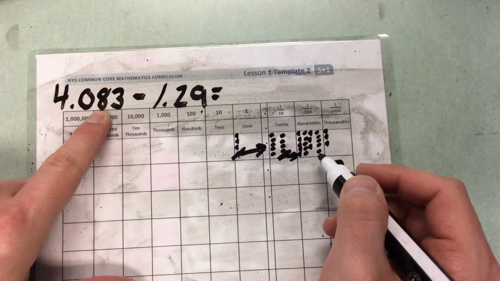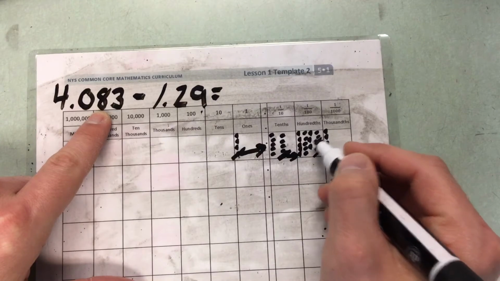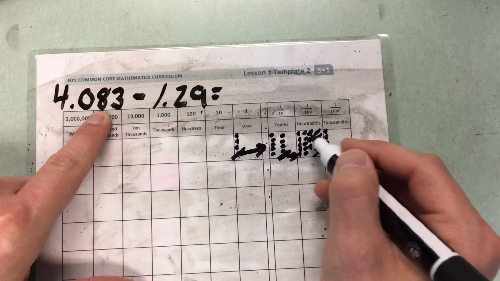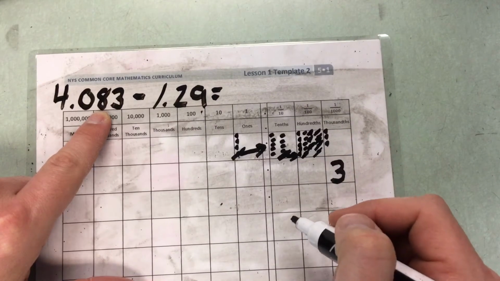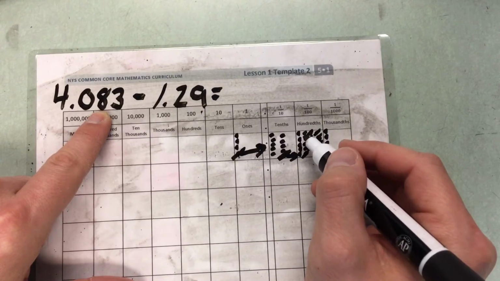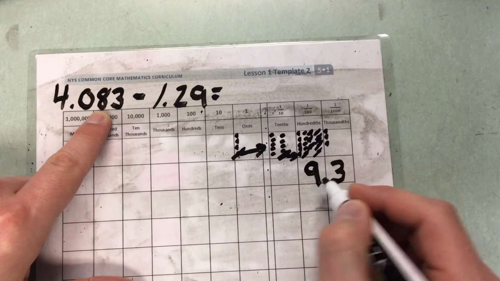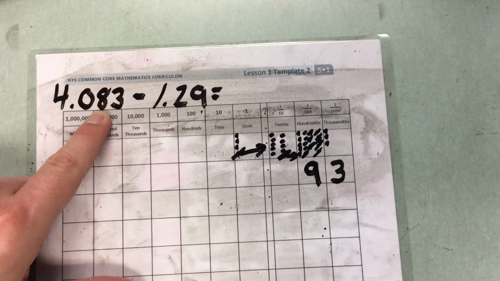Now I can take away 9 of them. So I'm going to take away 9 of them. 1, 2, 3, 4, 5, 6, 7, 8, 9. How many does that leave me with? I have 5 here, 6, 7, 8, 9. So I'm left with 9 hundredths. Now let's move on to the tenths column.